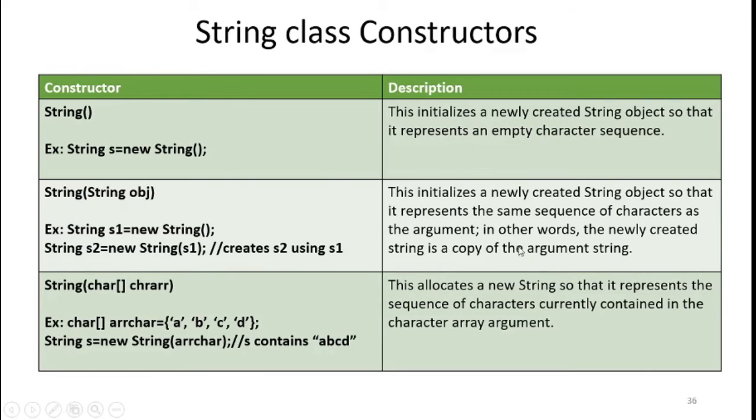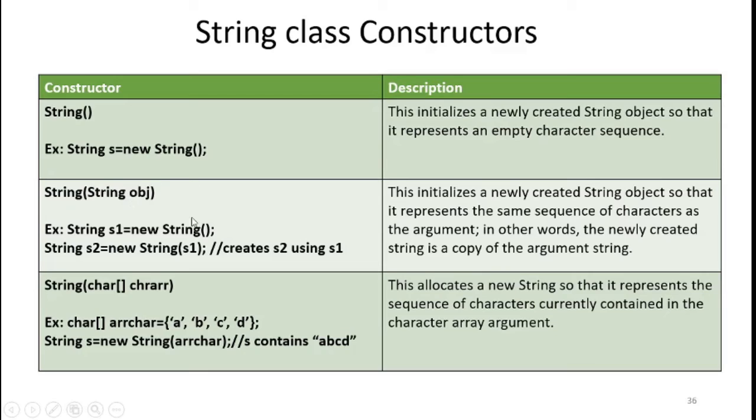We have an example also. In this example we have created the string object using the default constructor and we are passing that object to another string object. So here S2 is created with this parameterized constructor, which has an object as the parameter.